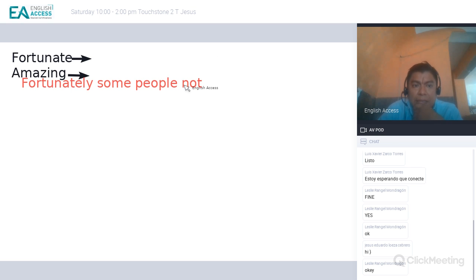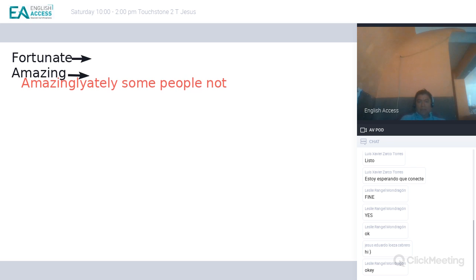Some people not getting sick. Is that what you're trying to say? Some people amazingly. Amazingly, some people not getting sick, Leslie? Not like, that's a verb. What is the verb in negative?